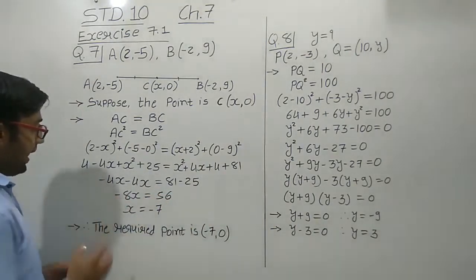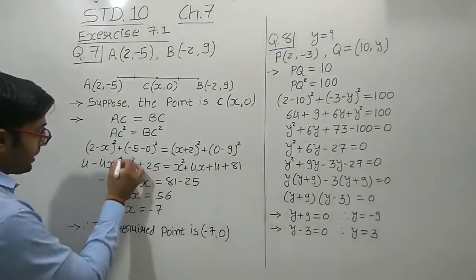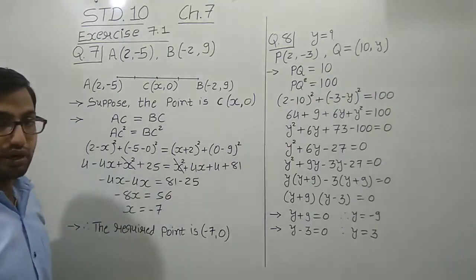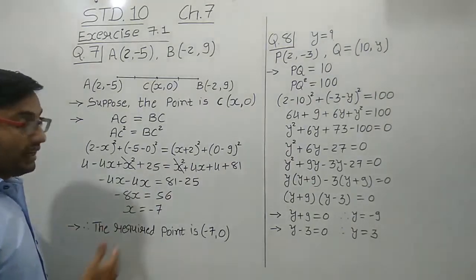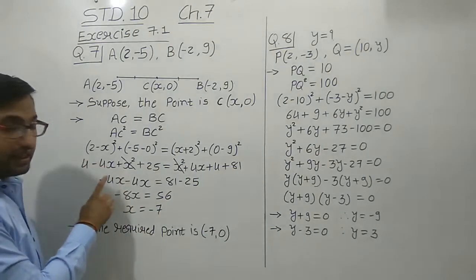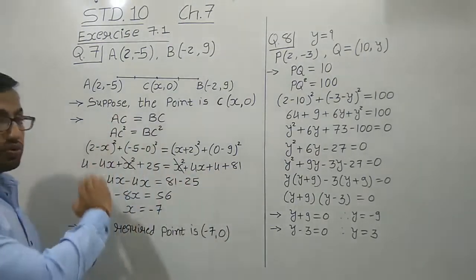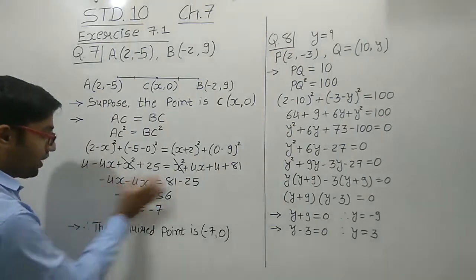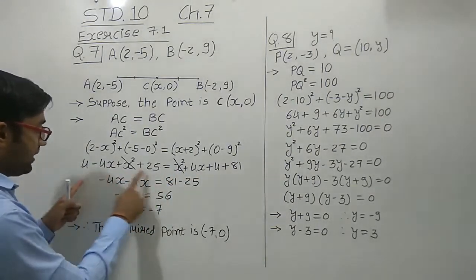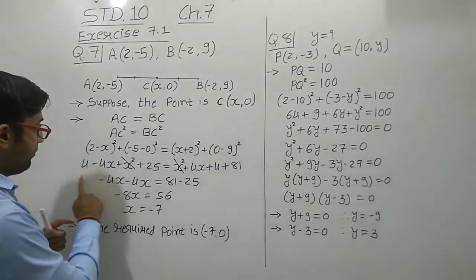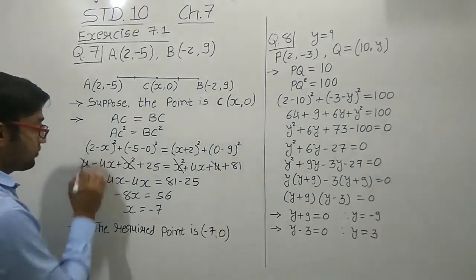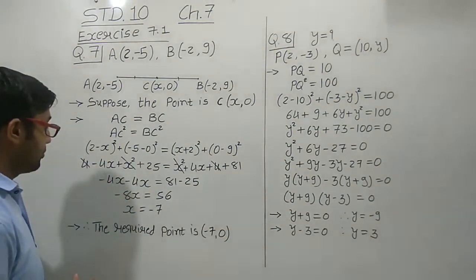Now we have to simplify this. See here, x square is on both the sides, so we can cancel out the x square. Let us take this 4x to the left hand side. So minus 4x is already there, and by taking this 4x to the left hand side, now we have 2 times minus 4x. And see again 4 is here on both sides, so they will cancel out each other.